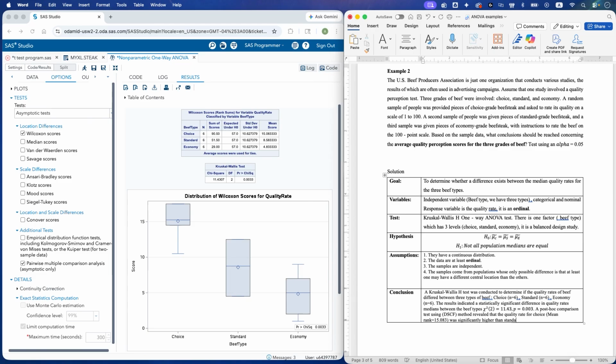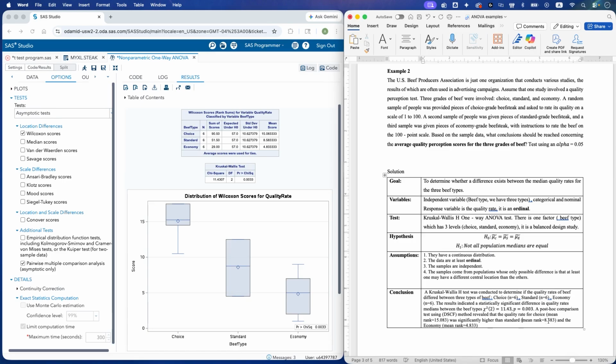Standard mean rank equals 8.583, and the economy mean rank, actually small letter mean, economy mean rank equals 4.83, was significantly higher than standard.